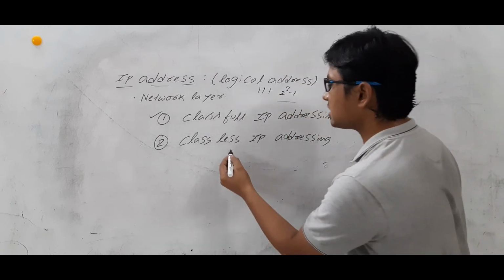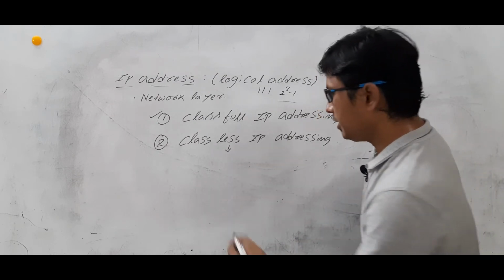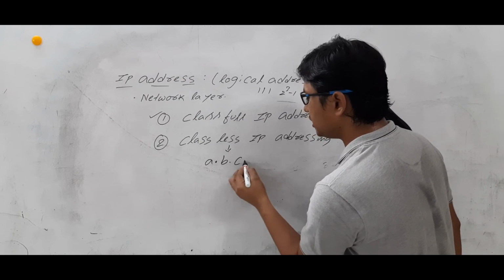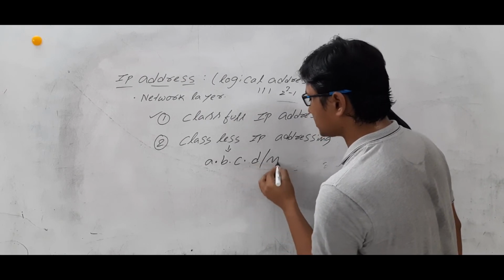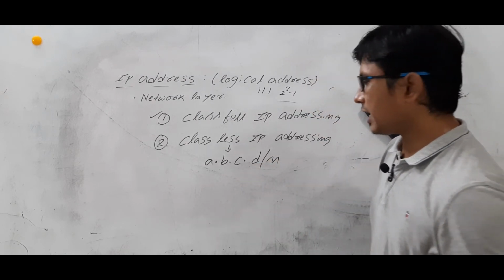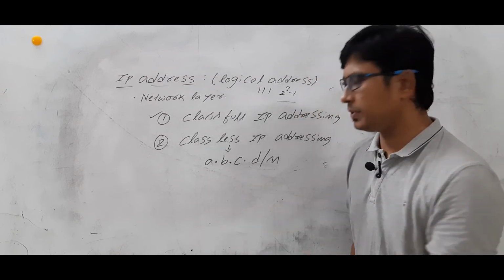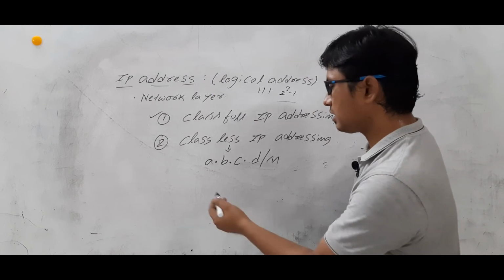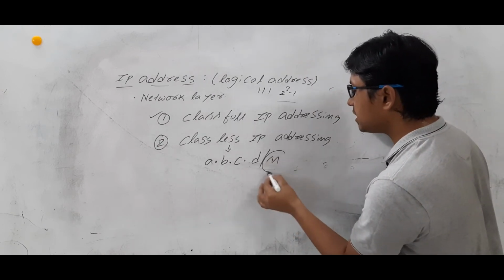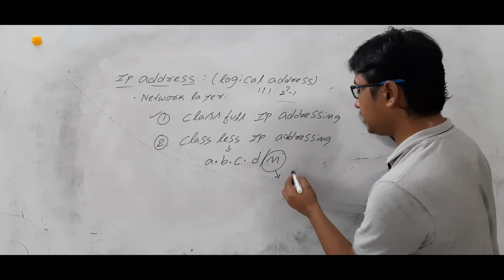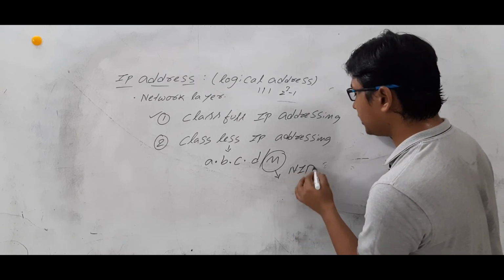Coming to classless IP addressing, it is represented as A.B.C.D/N. Now you can ask me, what is this A.B.C.D? It is some IP address. Is it clear? /N means the number of bits allocated for the network ID part or the block ID part.